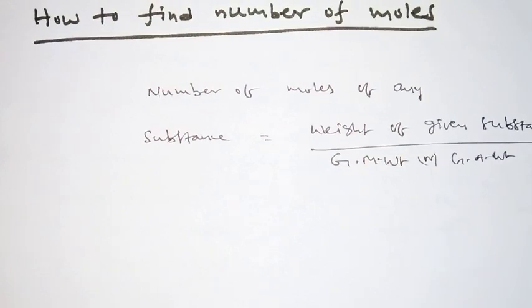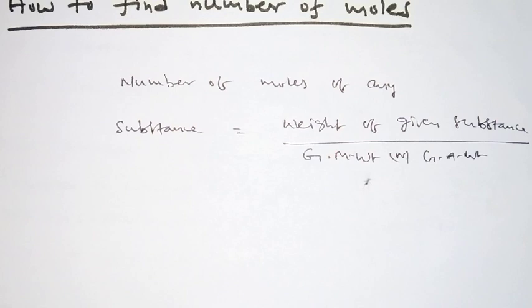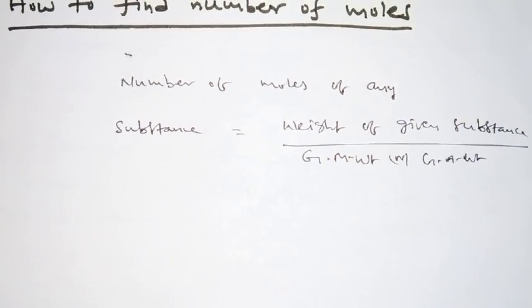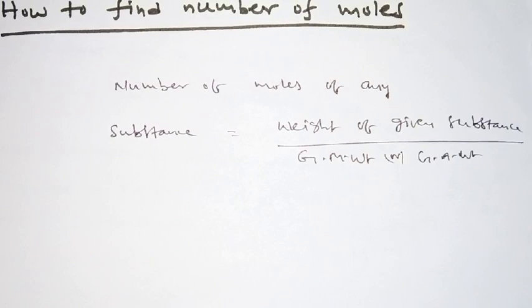This is the basic formula. So the basic formula to find the number of moles is weight of the given substance by gram molecular weight if the given substance is a molecule, otherwise gram atomic weight if the given substance is an atom.